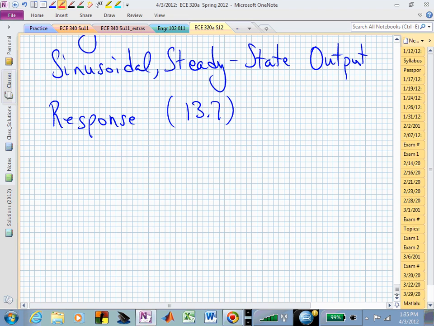If you have h of s, you will evaluate that at whatever frequency you need to find the response at. And that will give you h of j omega naught. And that could be a complex number. But any complex number that you have, you can find its magnitude and phase, or magnitude and angle.